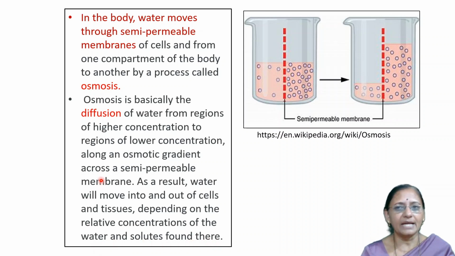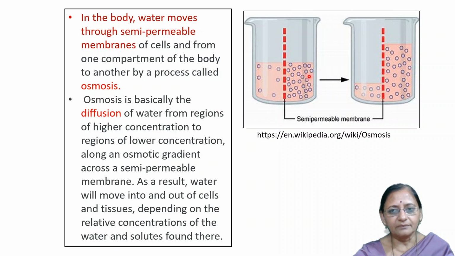Water always moves from high salt concentration to low salt concentration, again to maintain equal ionic concentration. Now in this figure you can see the ionic concentration is equal according to the water volume.